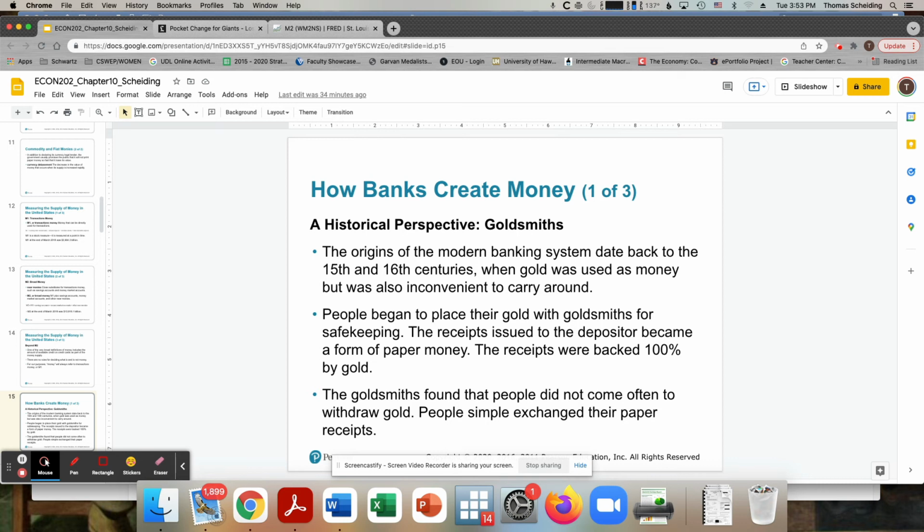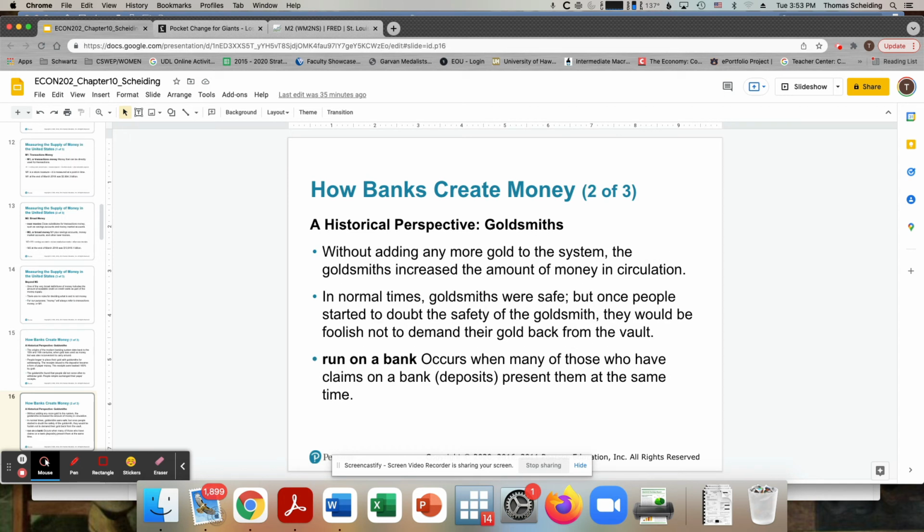Now, the thing is, as the third bullet point highlights, people didn't get their gold out all the time. People would get a pretty predictable amount, and what that means is that the goldsmith held all this gold, and they had all this paper out there with people holding it.